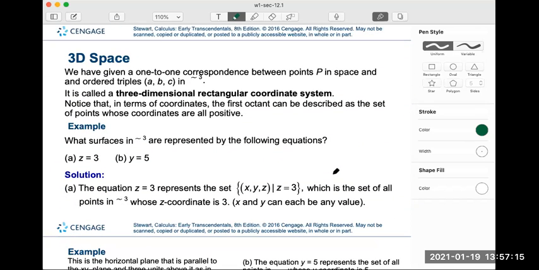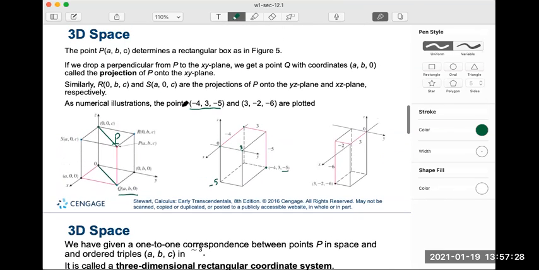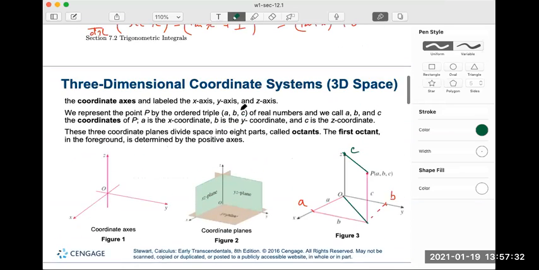Okay, here, the 3D space, we call it the three-dimensional rectangular coordinate system. And furthermore, there are 8 octants.